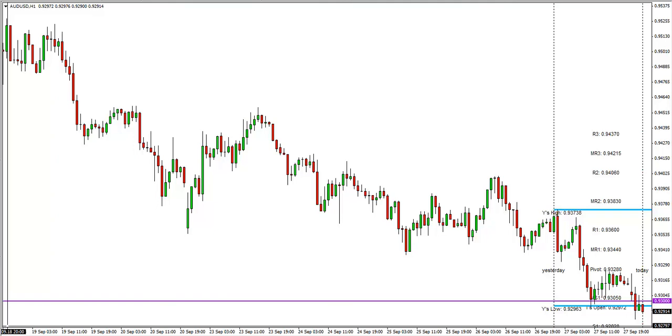Target 3 at 0.9150 for 150 pips. Our target 4 area is at 0.9100 for 200 pips. And our last target, it's going to be the revisit actually of that 90 cent area. So it's 0.9000 for 300 pips.